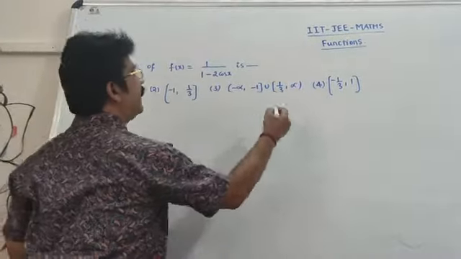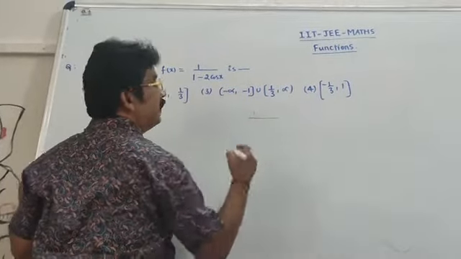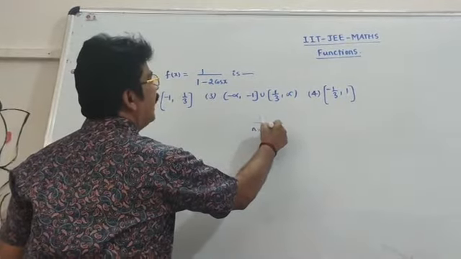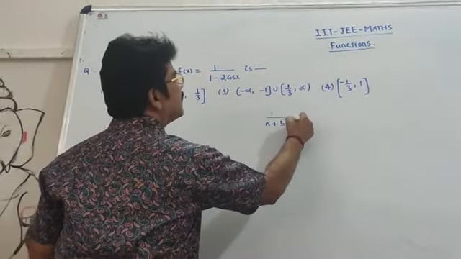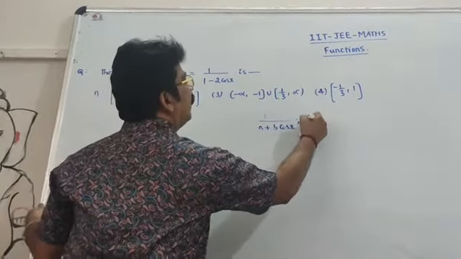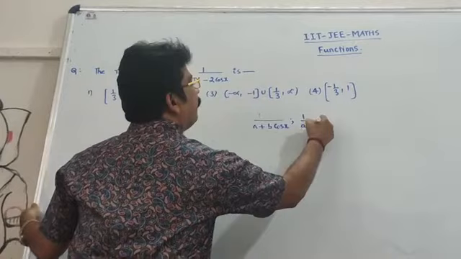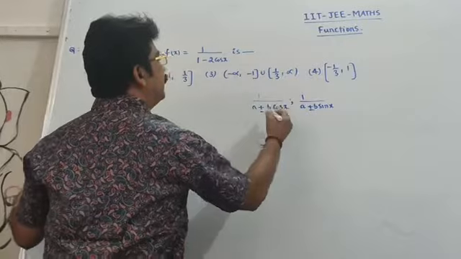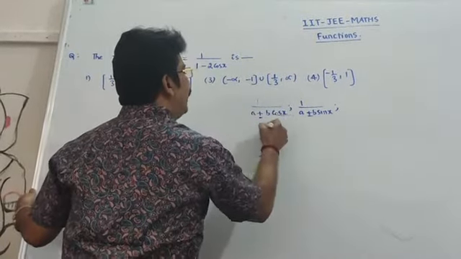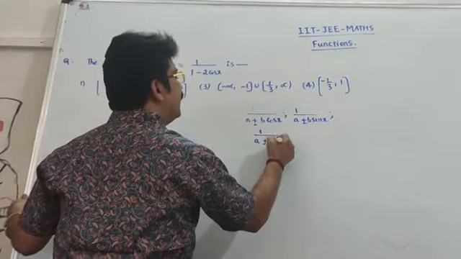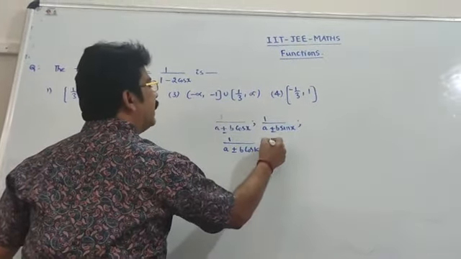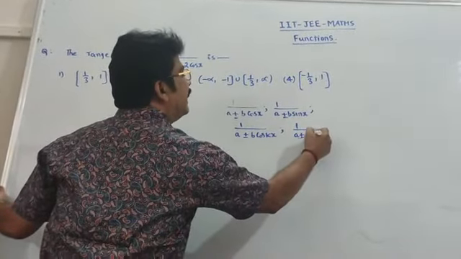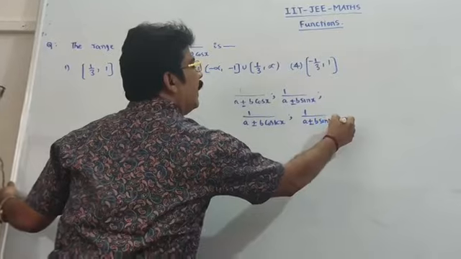Now we are finding the range of a function which is of the form a plus b cos x, or 1 by a plus b sin x, I mean plus or minus, or 1 divided by a plus or minus b cos kx, or 1 divided by a plus or minus b sin kx.